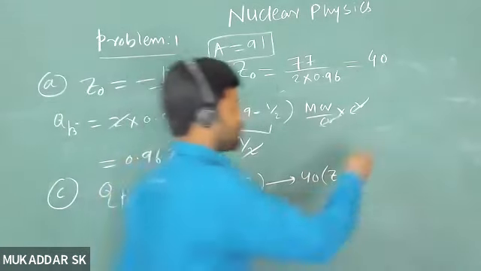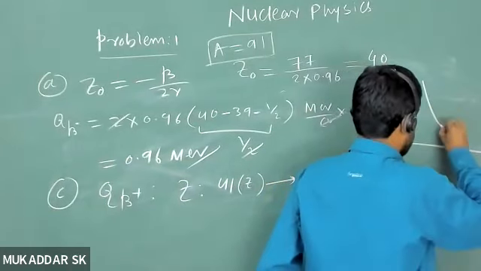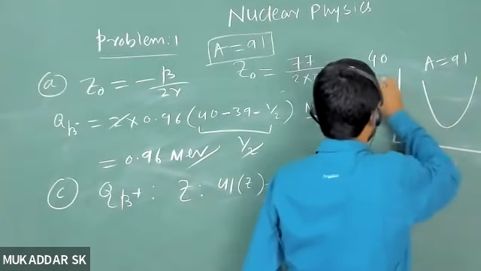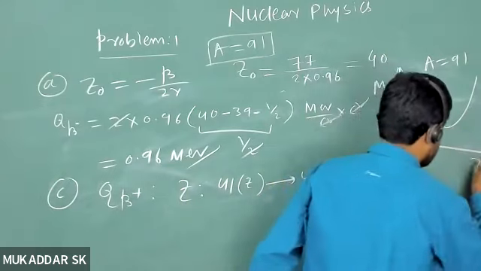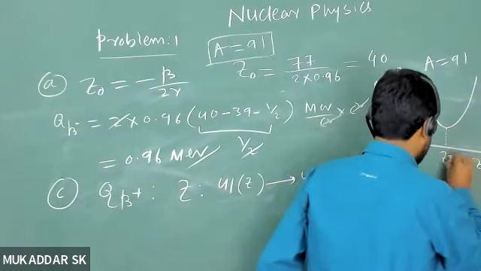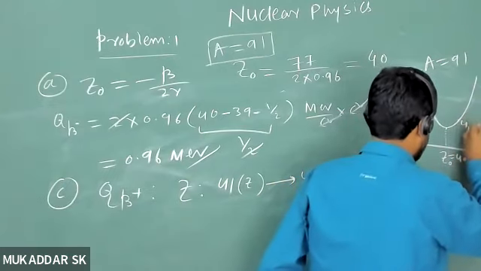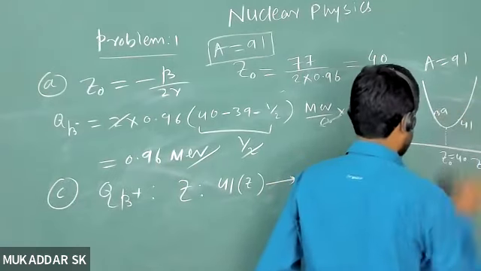I can show here also pictorially if you want, like this kind of thing they are asking. You have A equals to 90 on this side, you have mass, okay, nuclear mass of course, and this is your Z, and this point is your Z naught, that is 40, and so this side you have 40 on, and this side you have 39, okay.